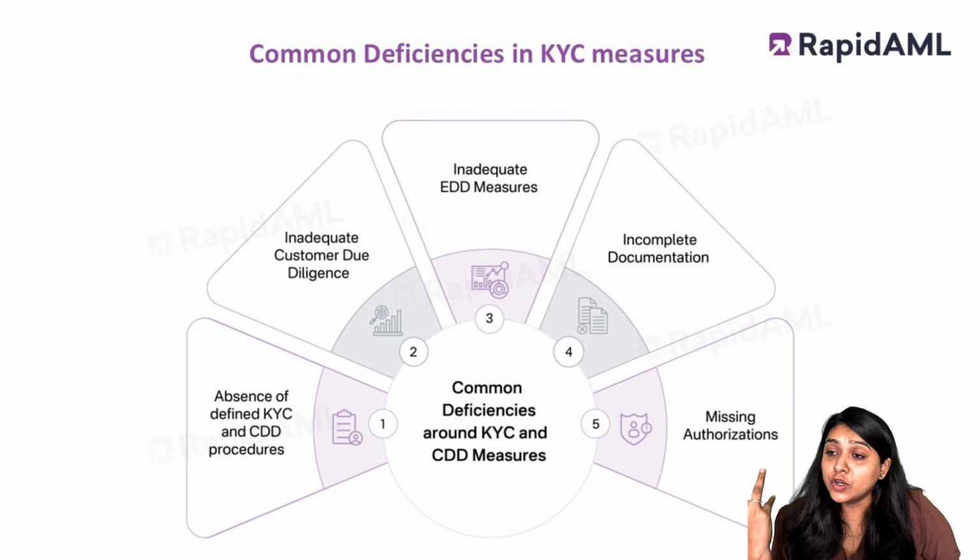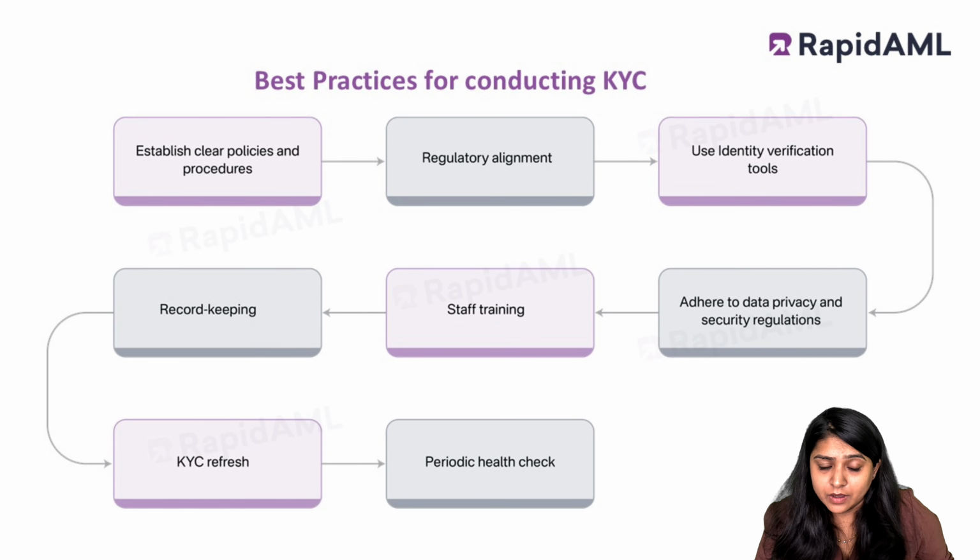So here we will discuss best practices for conducting KYCs. We know what KYC is, and we know what mistakes could possibly occur. So now let's discuss the best practices. We have to make sure that policies and procedures exist in an organization. If they exist, they must be in line with the regulatory requirement.